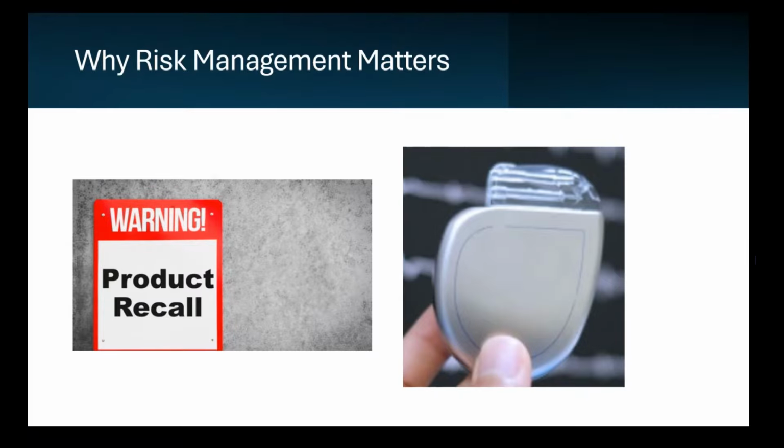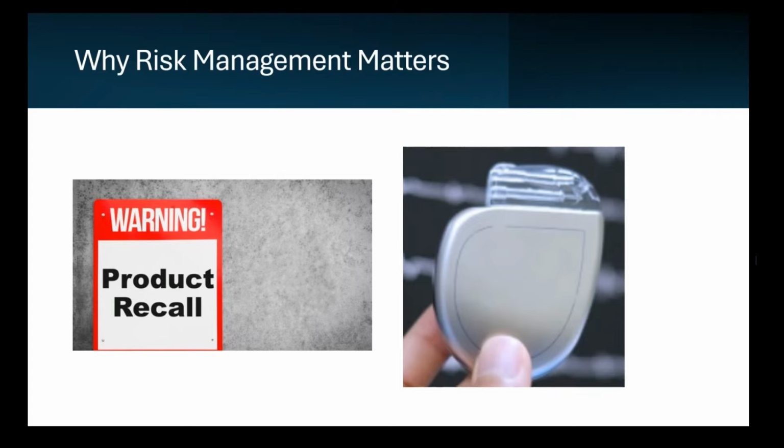Imagine a pacemaker failing due to an overlooked design flaw. For example, this is a real world example. I won't go into the details to avoid compromising confidentiality, but a company released a medical device with a new material. Later, reports showed adverse skin reactions in patients.